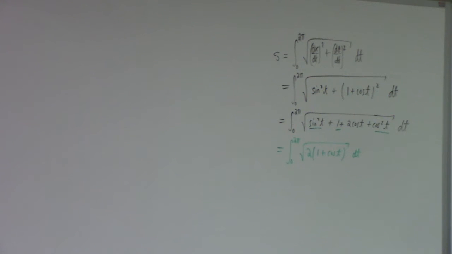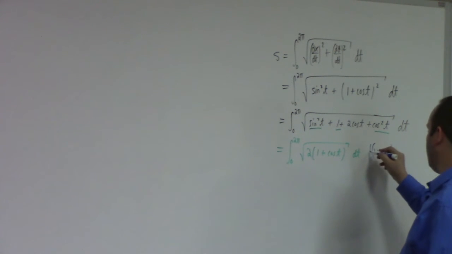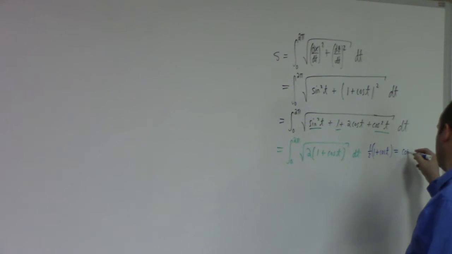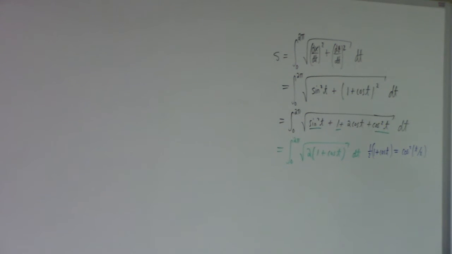All right, but think about this. 1 plus cosine of t, right? You can rewrite. See, 1 plus cosine of t divided by 2 is equal to cosine squared of t over 2. Now, we usually start with a cosine squared of theta over here, and then we get a 2 theta over there, but if you do the other way, then you have to divide by 2, right?